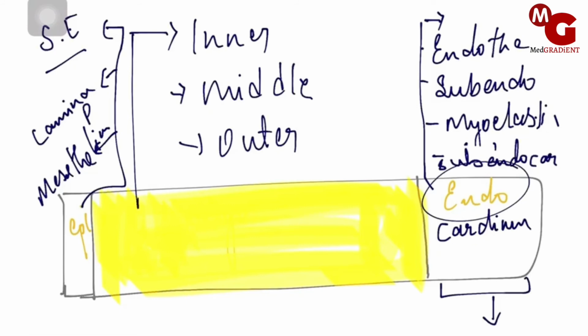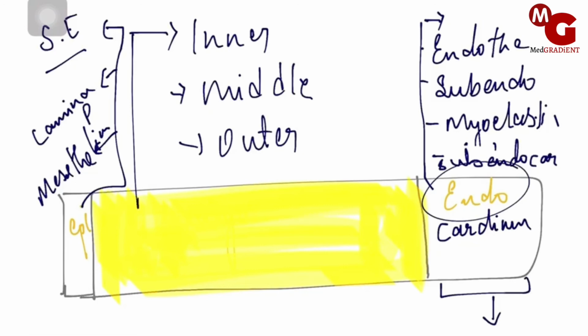This is the lining of all the chambers inside your heart. The inner layer faces the lumen. What is lumen? Lumen is something vacant, like a cavity.